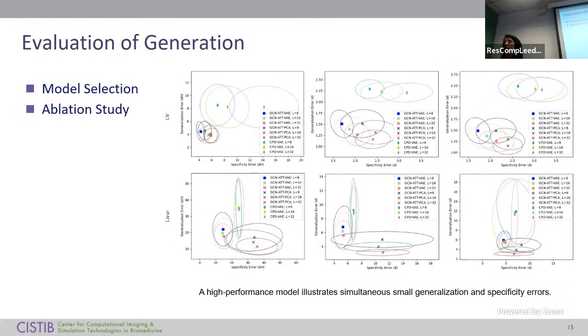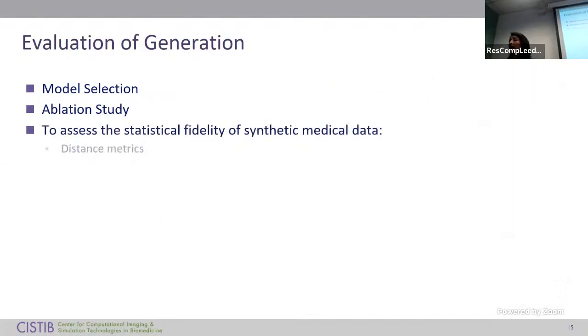And here is an ablation study between GCN attention VAE, GCN attention PCA, and CPD VAE. The score marks are related to GCN attention VAE. As you can see, the specificity error in all panels tends to be on the left, meaning GCN attention VAE models generate more realistic synthetic data.